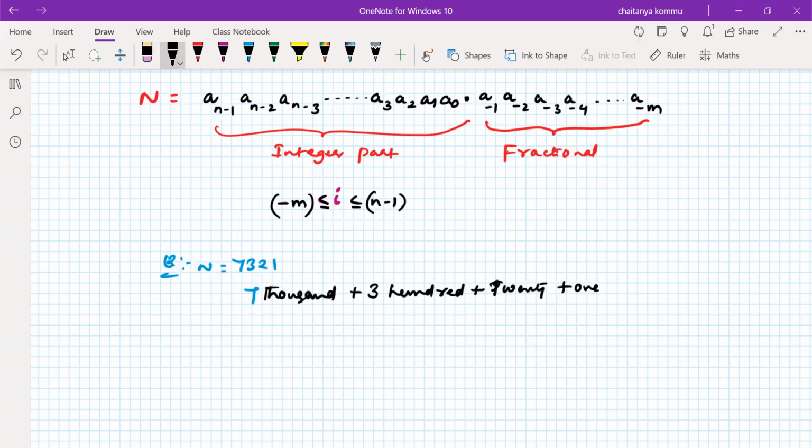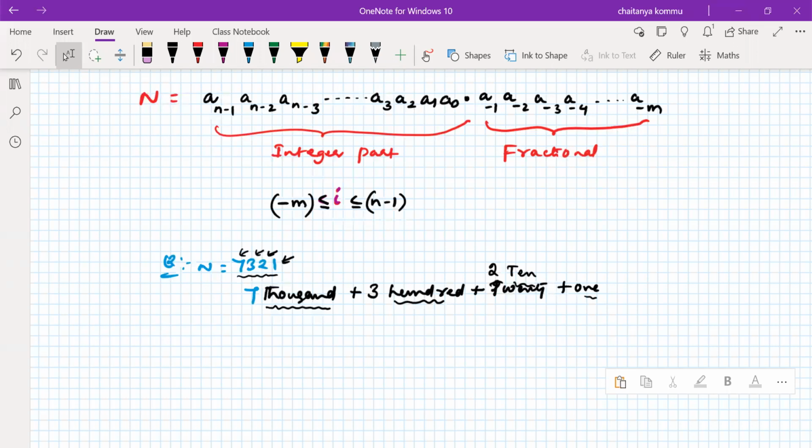So whenever you are writing with respect to the digits, this is called coefficient representation. If you give the values to this, each and every coefficient must be multiplied by its value, its weight. So these are called weights. If you want to give the value to a number, the coefficients are multiplied with its weights.